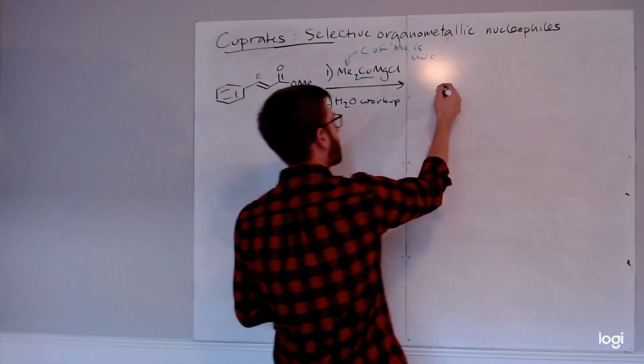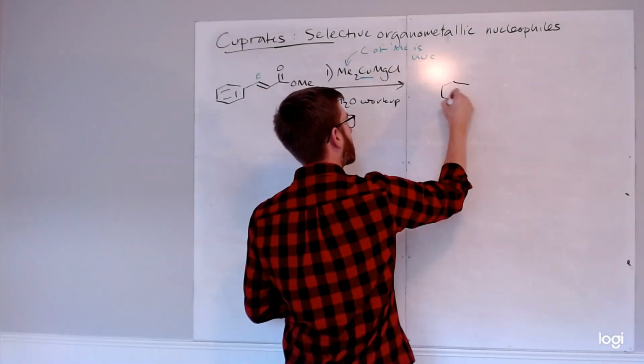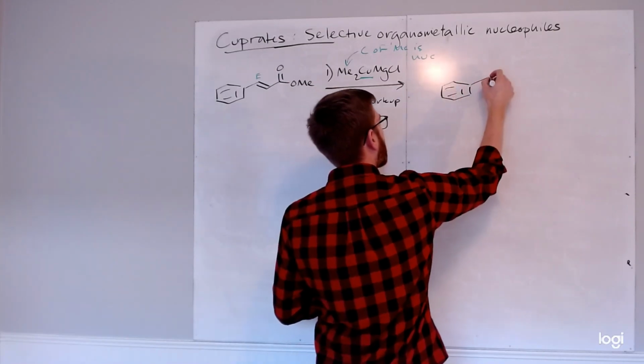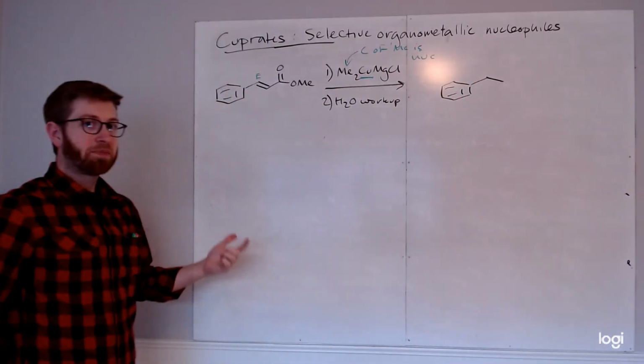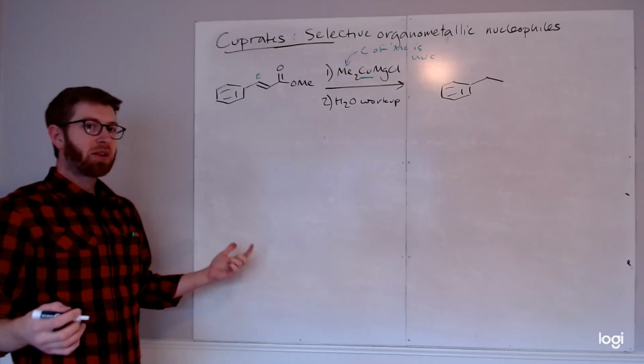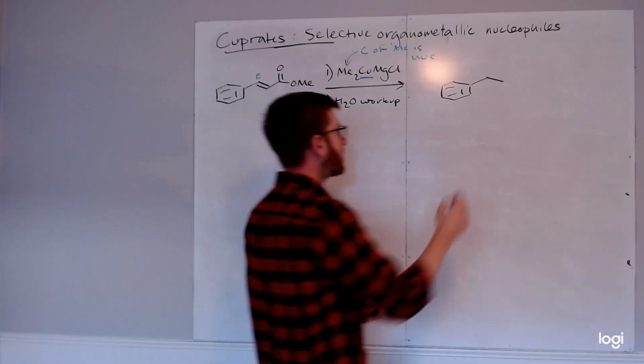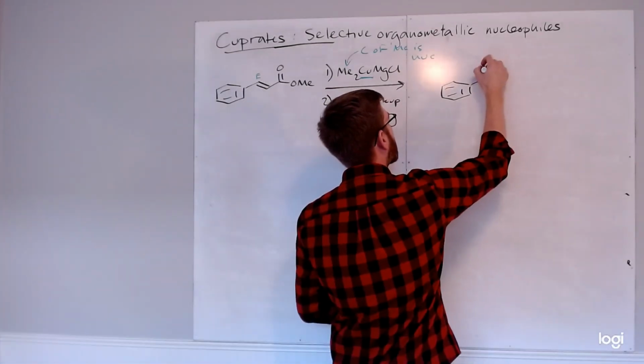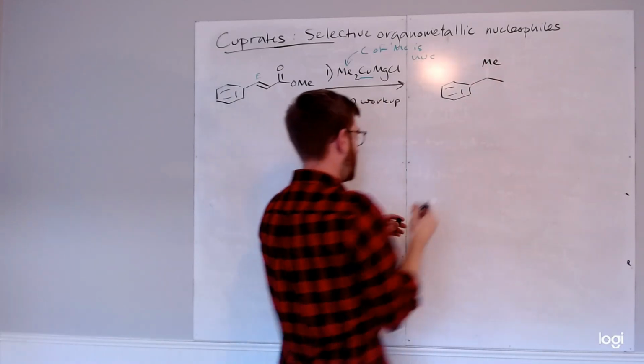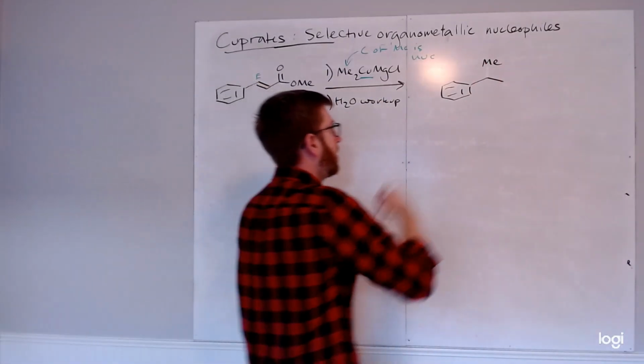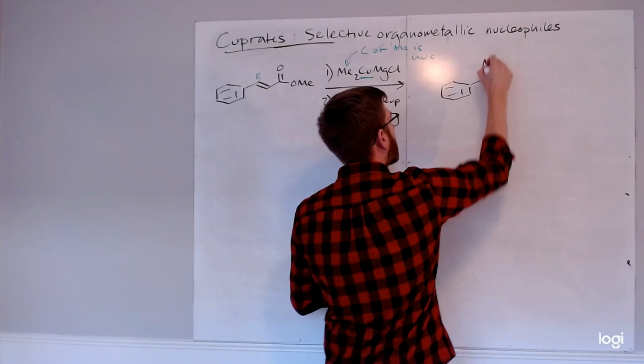I know part of the structure is not going to change, so my benzene ring is still there. But I know my alkene is going away. I'm going to be consuming it as part of this 1,4 addition. So at the beta carbon, I'm going to add my methyl, so my new CC bond is here. And there's a couple ways you could do this.